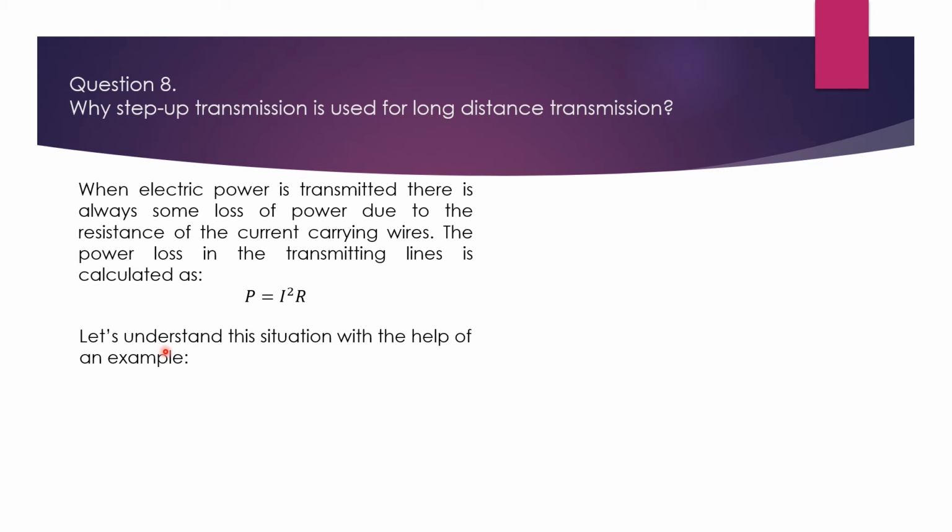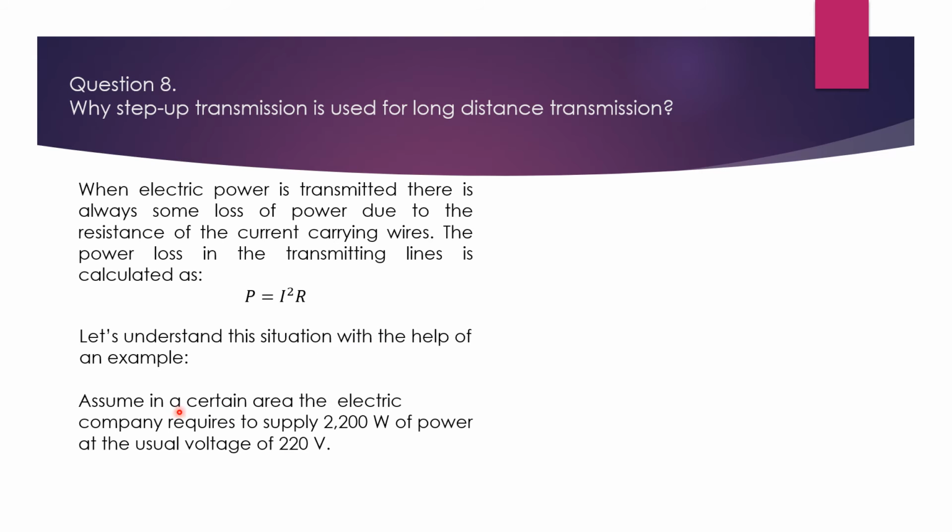Now let us understand the situation with the help of an example. Assume in a certain area, the electric company is required to supply 2200 watts of power at the usual voltage of 220 volts.